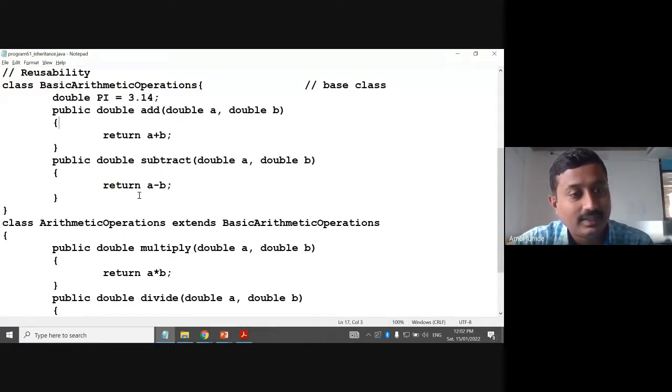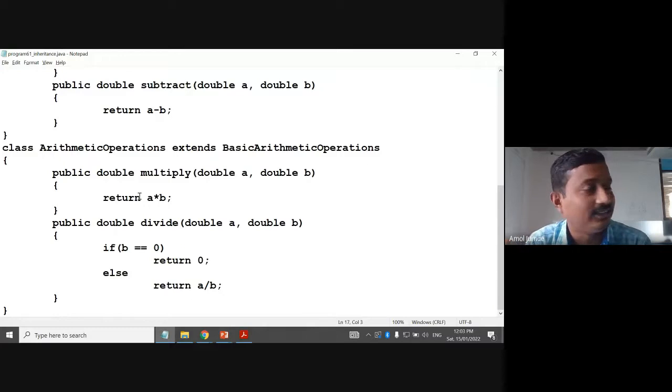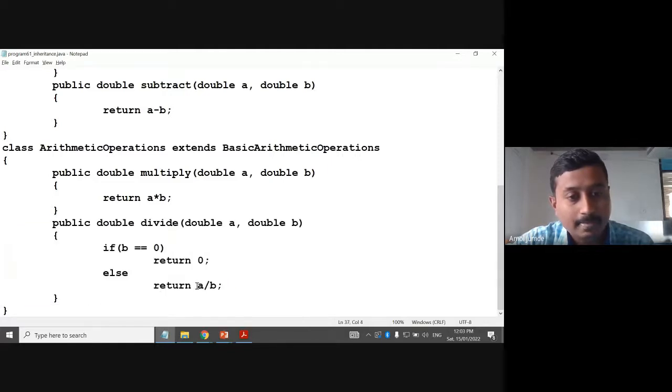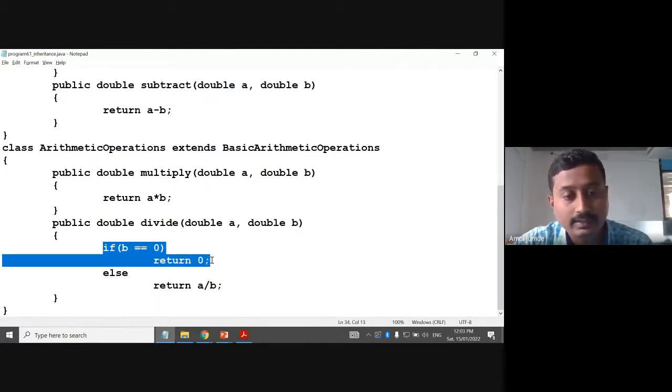Then, and the third screenshot. Okay, what we have done in divide function, if the second parameter is 0, we know that division is not possible, so we have manually handled that exception.